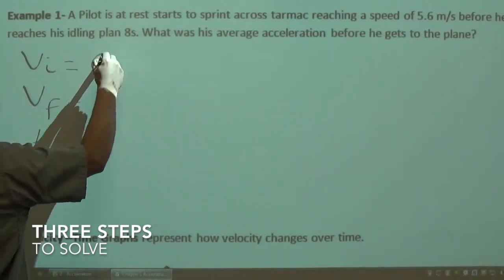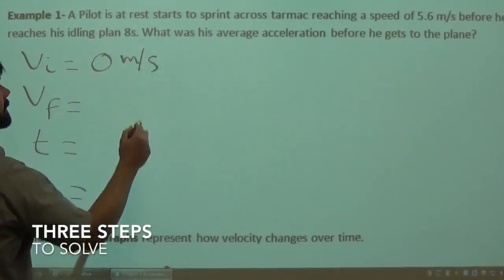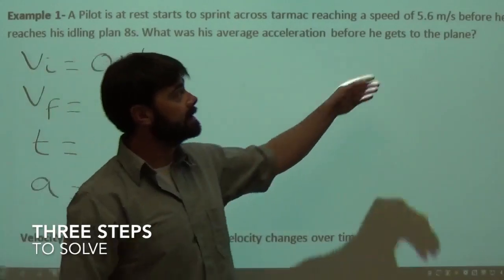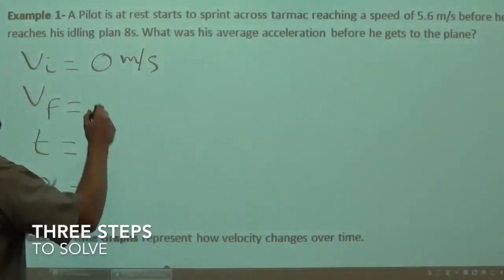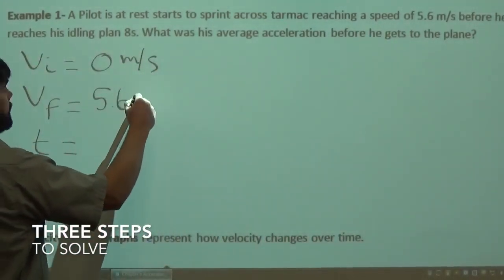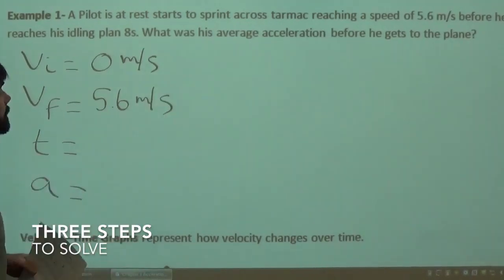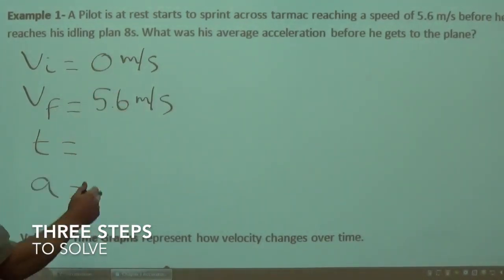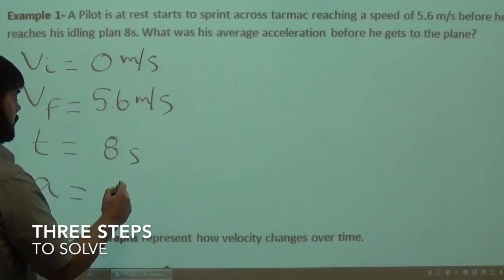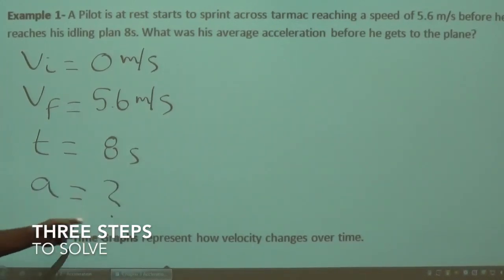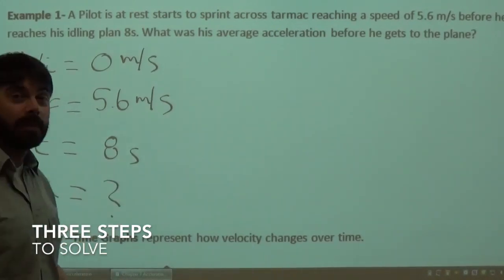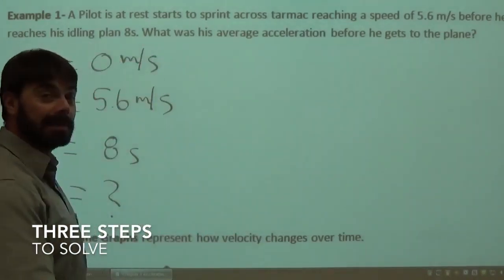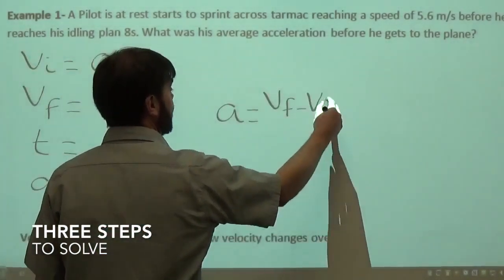Starting at rest, initial velocity 0 meters per second. Reaches a speed of 5.6 meters per second. Time it takes for this to happen is 8 seconds. The acceleration is unknown. 2, list the equation.